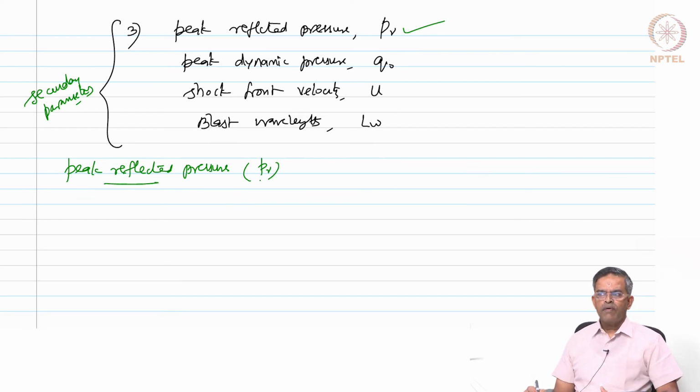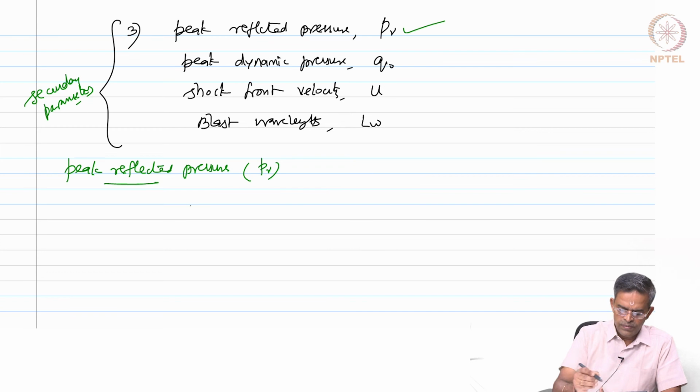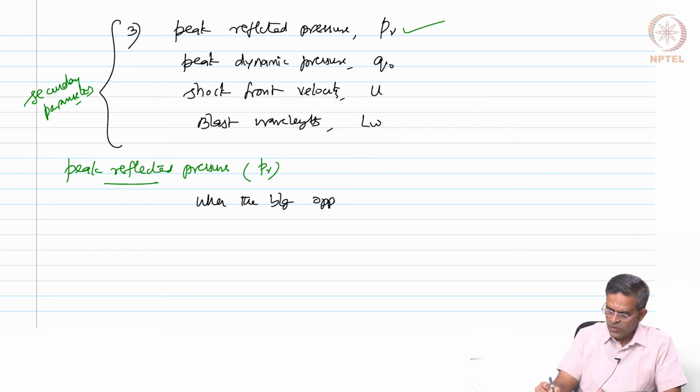When the blast wave hits the surface, it is reflected back because the building is causing obstruction for progress of the blast wave. So, when the building opposes progress of the blast wave, it is reflected.